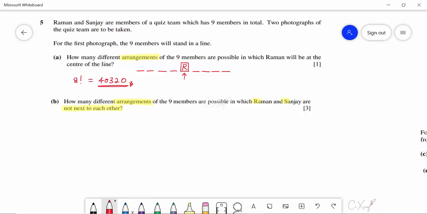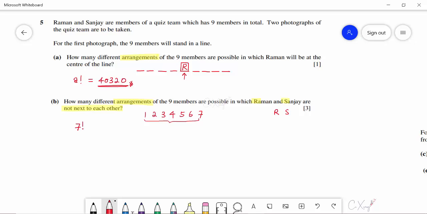So when you want to arrange something that must be separated, you should exclude them first. You try to arrange the rest of the members first. So I have 7 remaining members, excluding Raman and Sanjay. I want to arrange these 7 members first freely, so it should be 7 factorial.